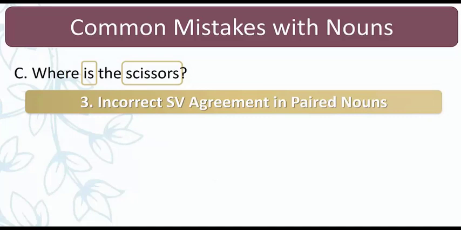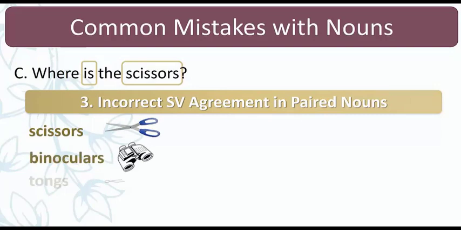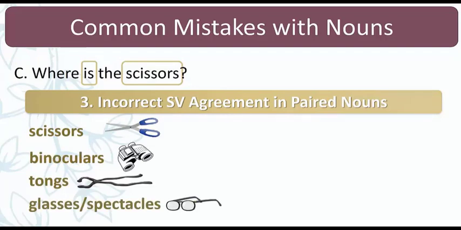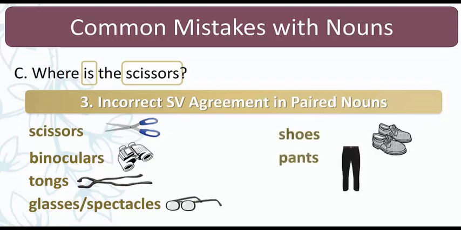We have several words like this in English. For example, scissors, binoculars, tongs, glasses, also called spectacles, and words that go along with us being able to walk on two legs, like shoes, pants, which includes jeans, and shorts.